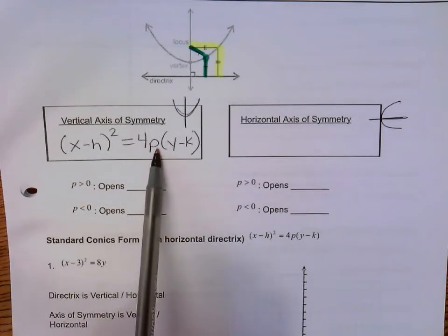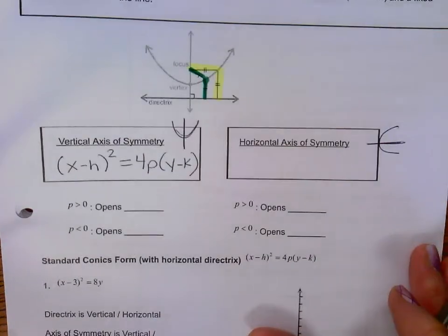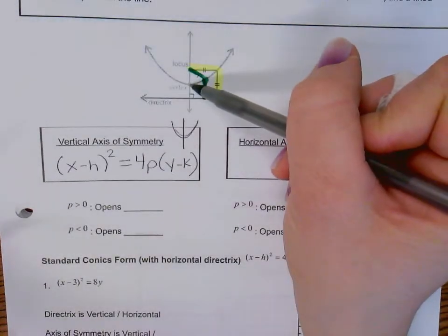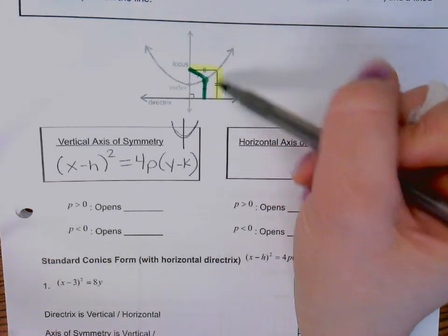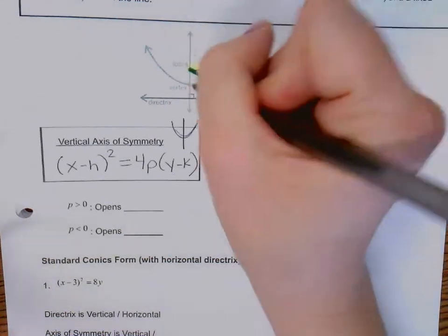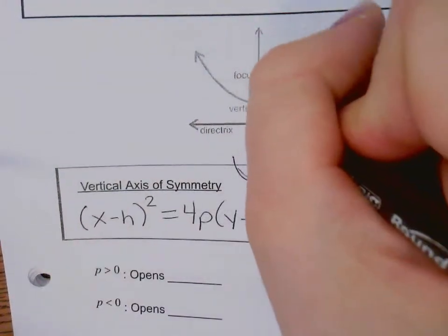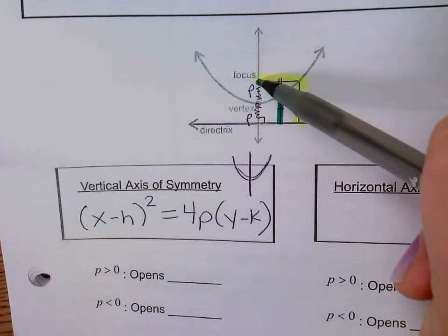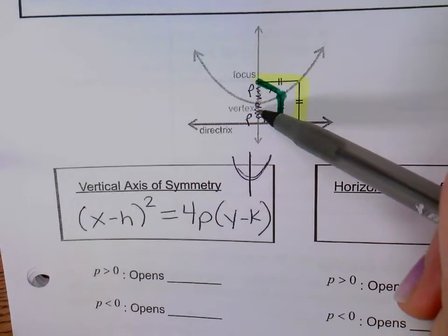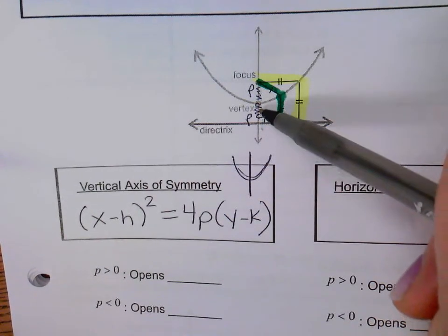The p-value. So I didn't talk about the p-value, but if this green line is always the same or this yellow line is always the same, if I go right to where that vertex is, this is the p-value. So from the vertex to the focus, that's p, and from the vertex to the directrix, that's p.